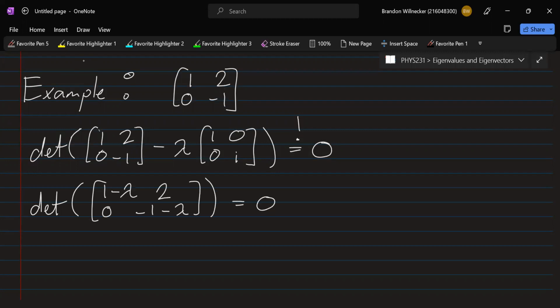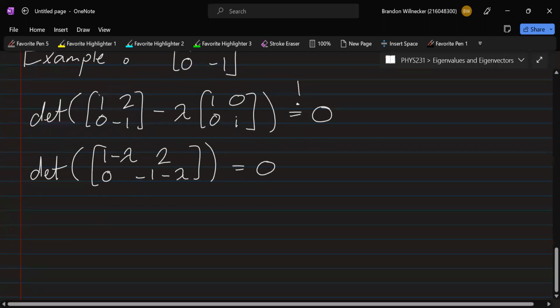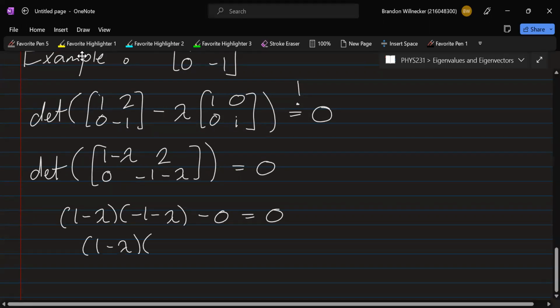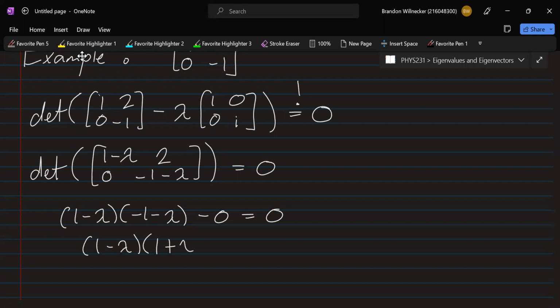Okay, we want this determinant to be 0. So if we do our multiplication, we end up with 1 minus lambda, minus 1 minus lambda, and then minus 0 is equal to 0. We can ignore that minus 0 over there. So we end up with 1 minus lambda, 1 plus lambda, if we take out the minus there, equals 0.